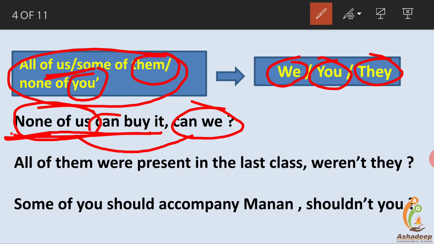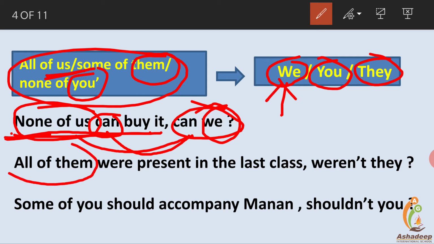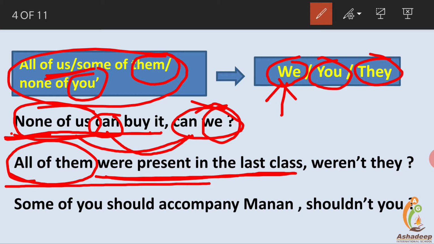Verb model, it is the positive form of can, positive can only, and none of us, we, what we discussed here. All of them were present in the last class. Here the sentence is positive, so the question tag will be negative. Here you can see weren't they.